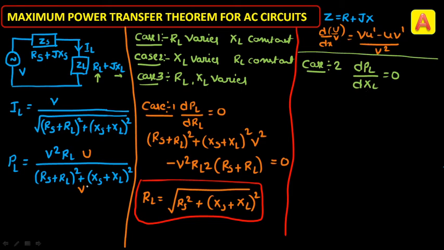U is a constant, and d by dx of a constant is 0, so V into U dash is 0, minus U, which is V square into RL, into V dash.